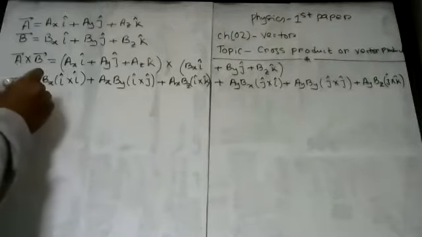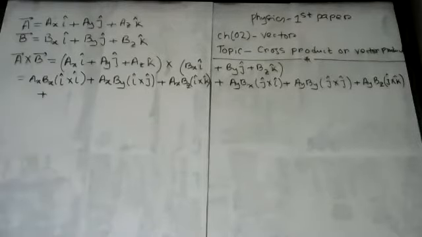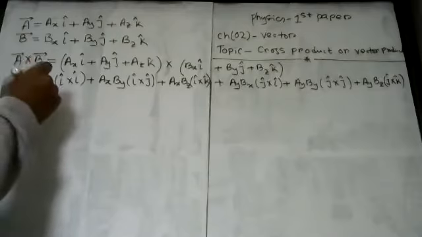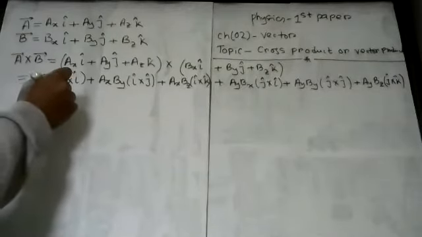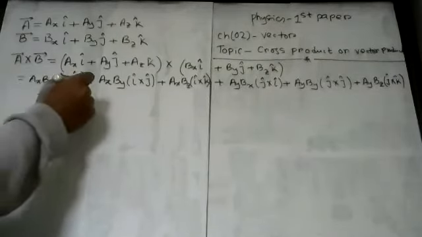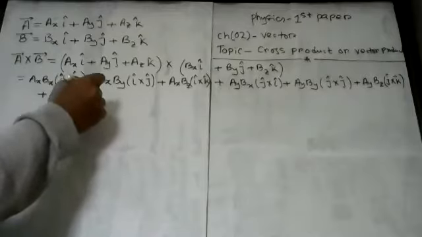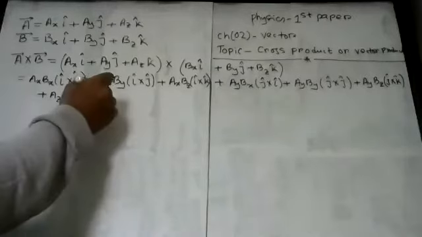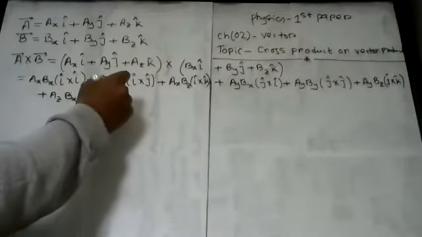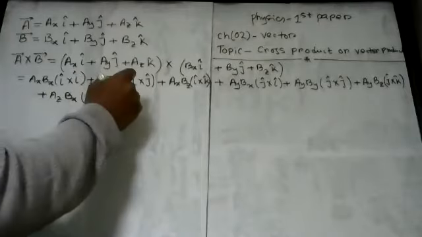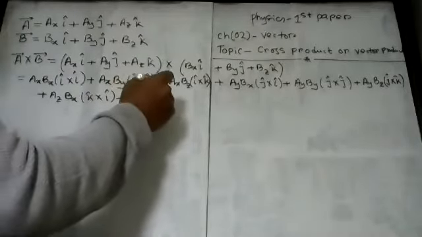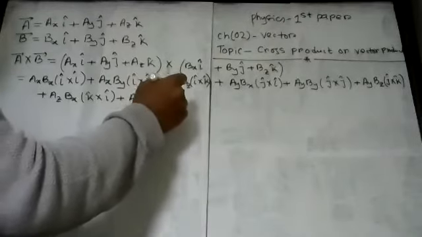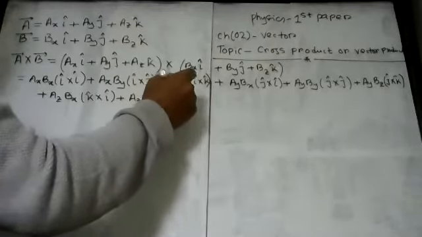Now the rest is az. So it is az bx, this is k hat cross i hat. Plus az by, multiplied with k hat cross j hat.